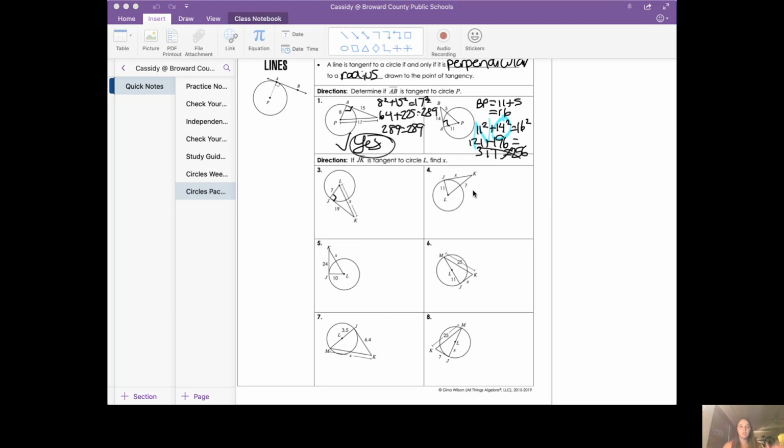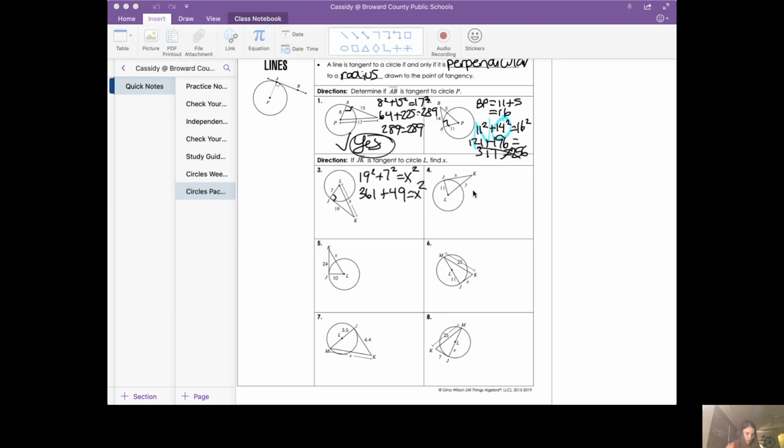So we're going to just do in our calculator 19 squared plus 7 squared equals x squared. So 19 squared equals 361. 7 squared is 49. So 361 plus 49 equals 410.